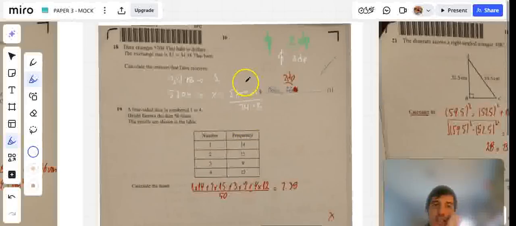Another way of solving this is by using proportion. That means that 34.18 thighs is $1. 5,700 thighs, how much money is it, okay?